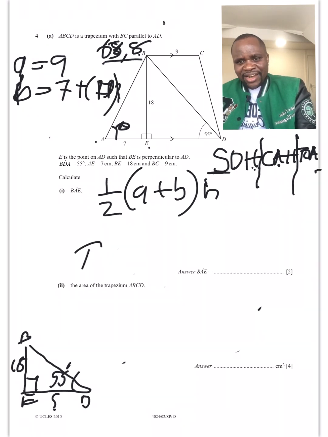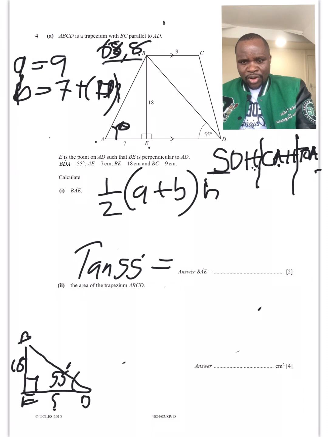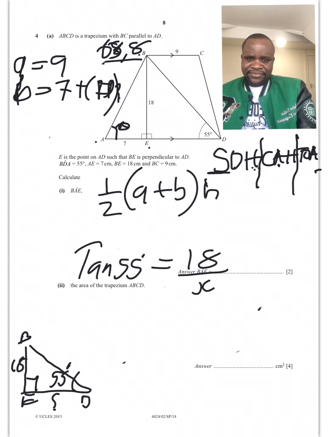So tan 55 degrees is equal to our opposite, which is 18, over adjacent. We don't have it, so let's just say x.